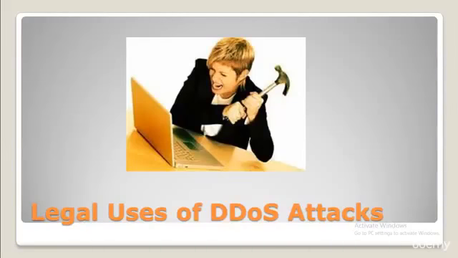Whether the firewall is down after the DDoS attack, or it can lead to some kind of privacy problem, because if the website is down and people can easily get access into it, then anyone can distribute or leak any kind of data that you have in the system. So these are the different types of attacks that can be done, and these are different ways that can be used to stop or use a DDoS attack for your own purposes.